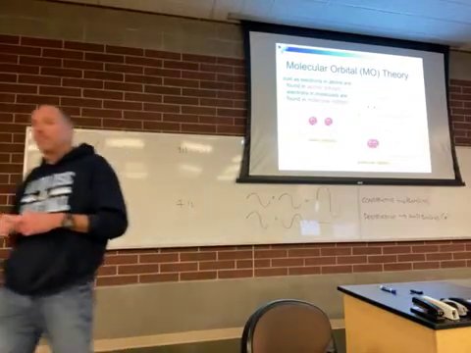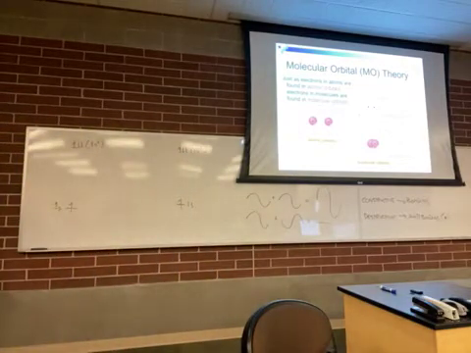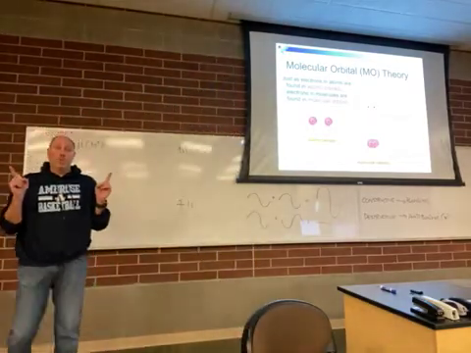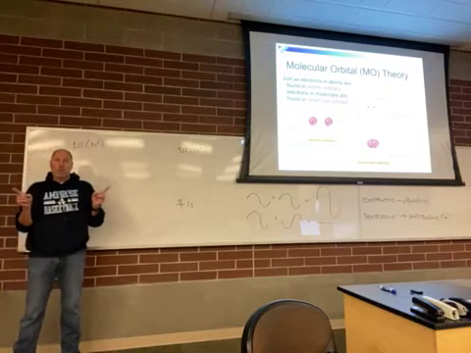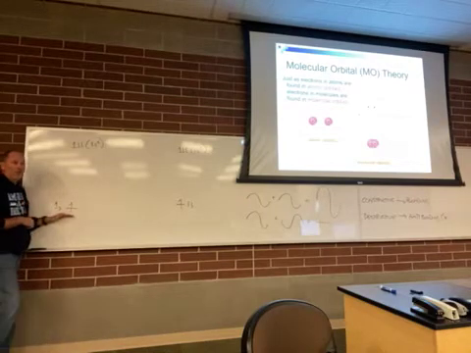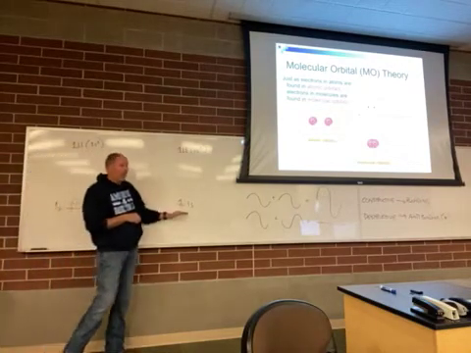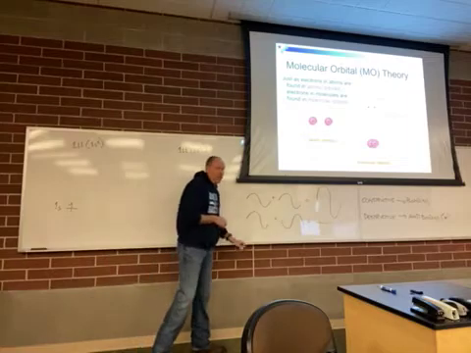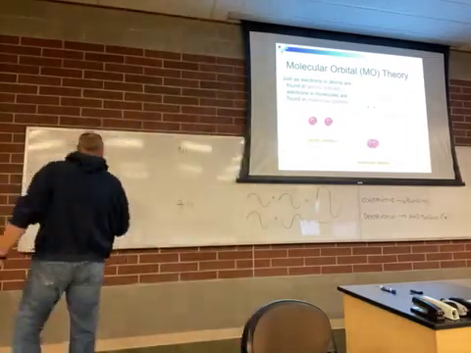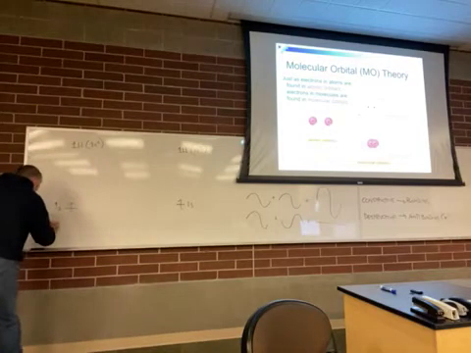Okay? So let's review. If I have two atomic orbitals, I have an atomic orbital here, 1s1, and I have an atomic orbital here, 1s1. Again, these are atomic orbitals.